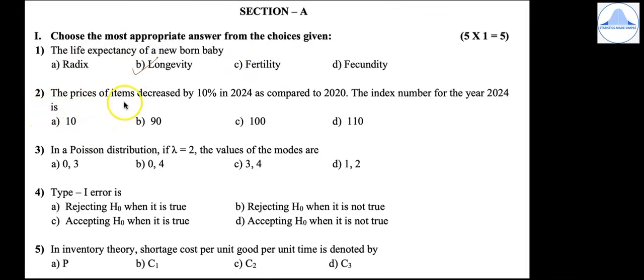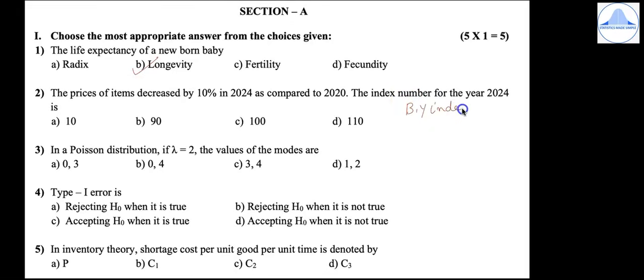Second question, the prices of items decreased by 10% in 2024 as compared to 2020. The index number for the year 2024 is, the options are 10, 90, 100 and 110. So we know that the base year index is 100.